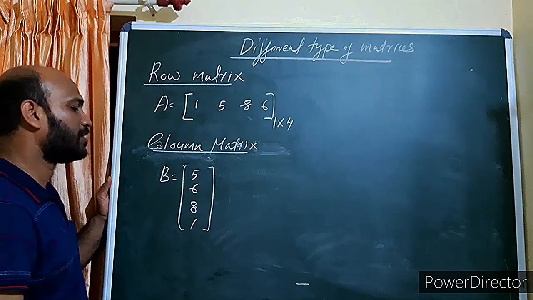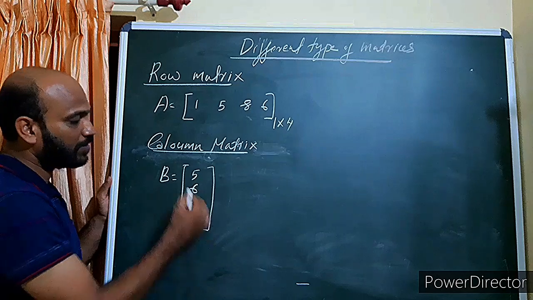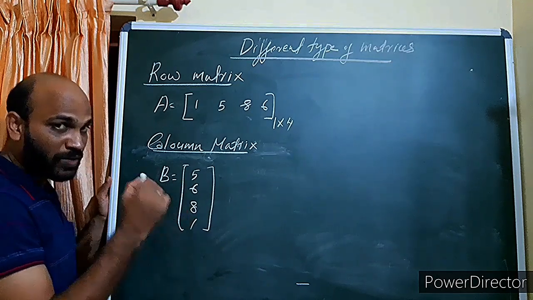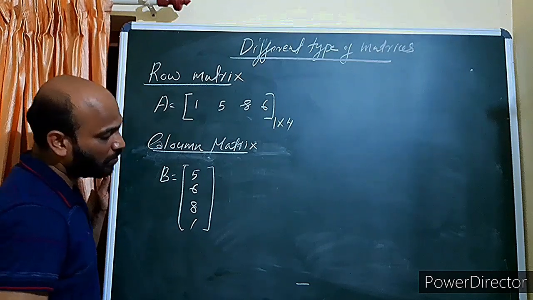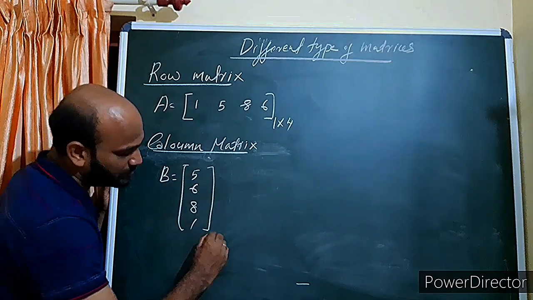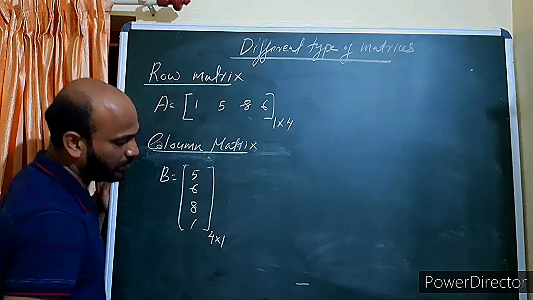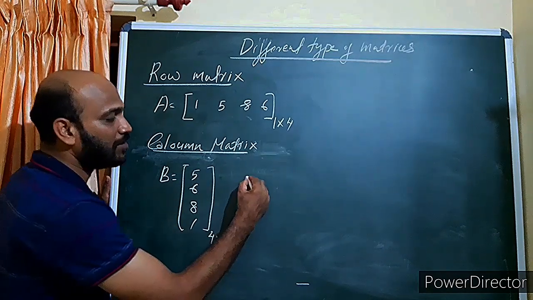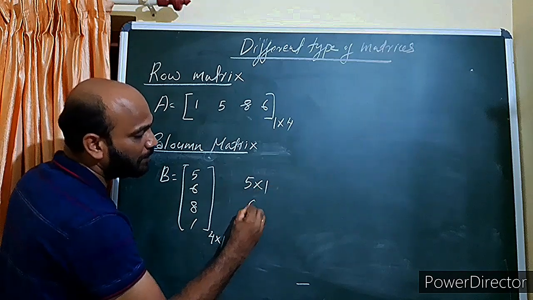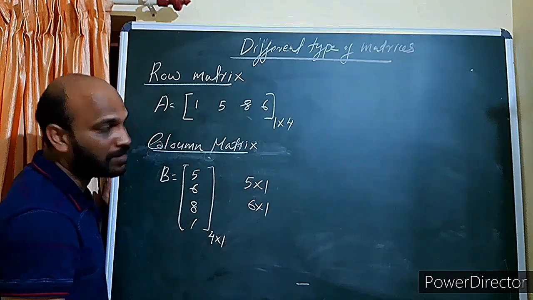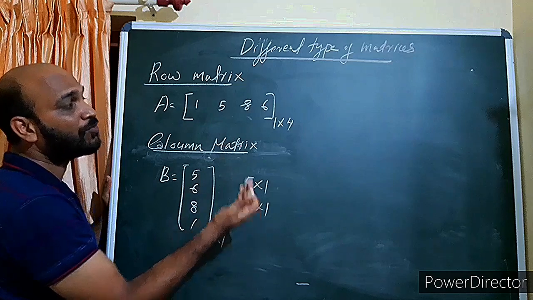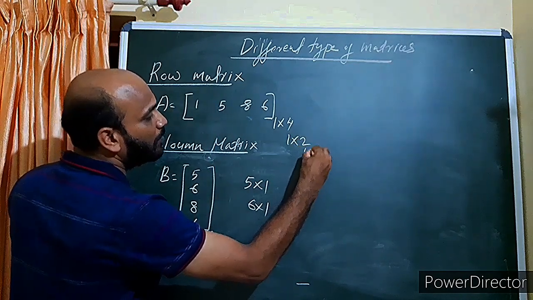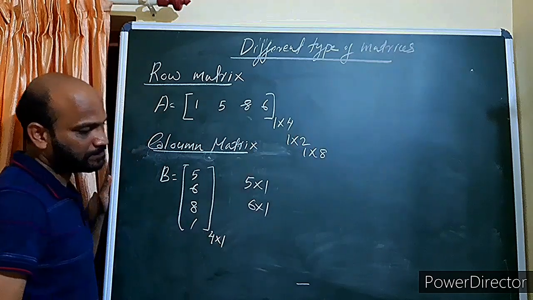It means a matrix with one column and 4 rows. So the order of this matrix is 4 by 1. Different orders of column matrix are 5 by 1, 6 by 1, etc. Different orders of row matrix are 1 by 2, 1 by 8, etc.